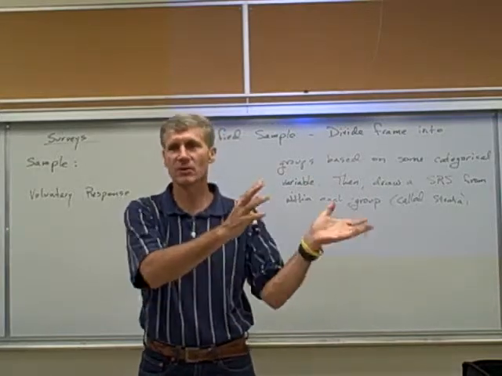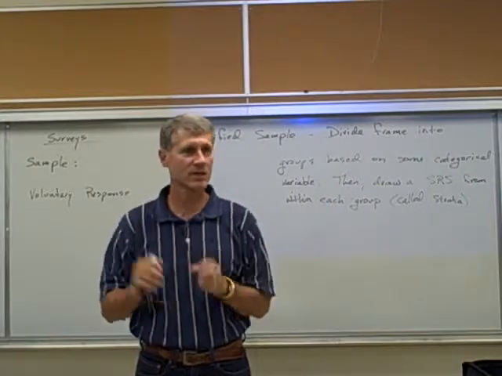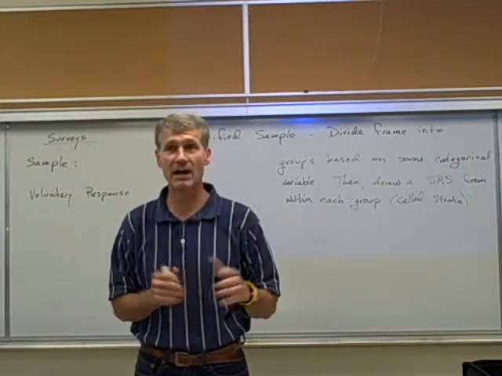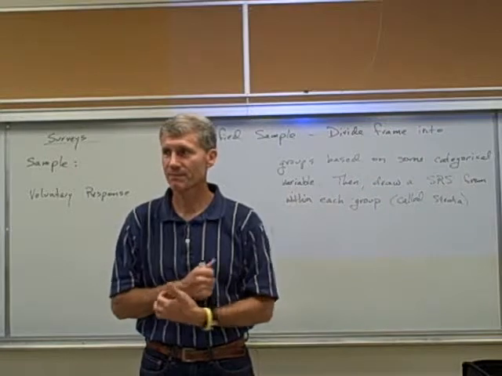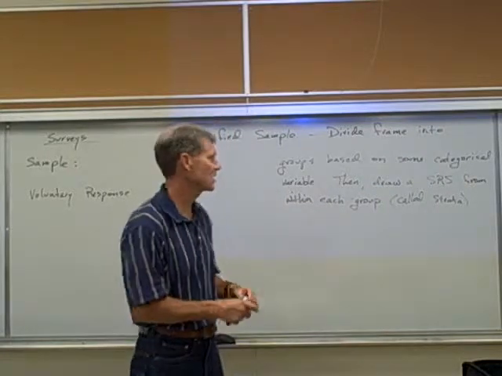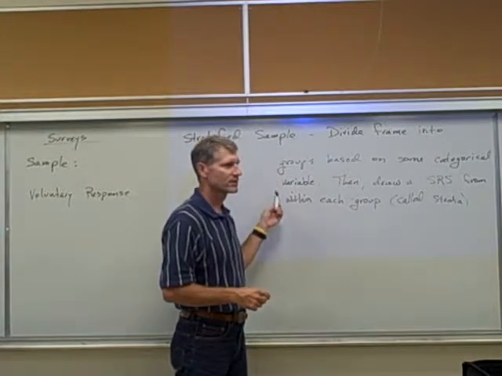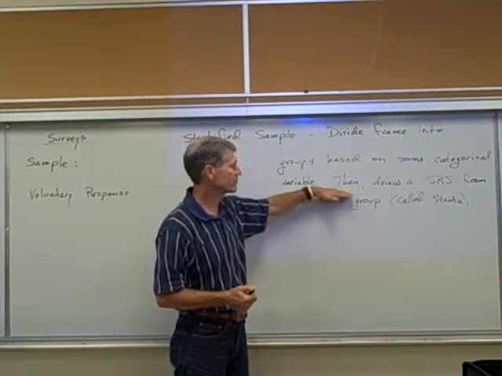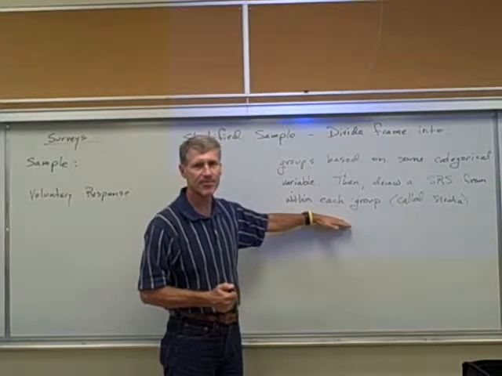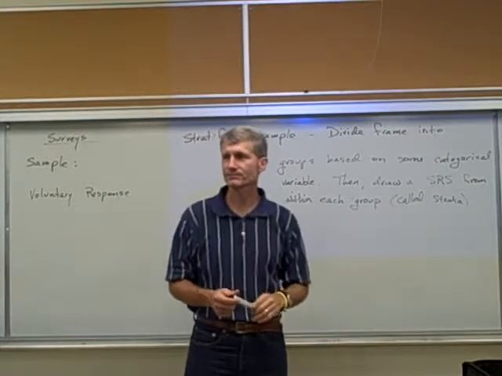Maybe I get 10 of those people. Then I get 10 2s, 10 3s, 10 4s, and 10 5s. Okay? So I end up with a sample size 50, but they're evenly spread across the levels of my stratification variable. That's a stratified sample.